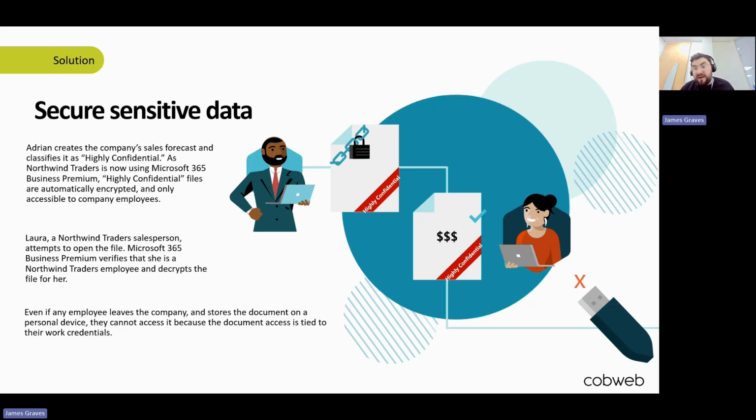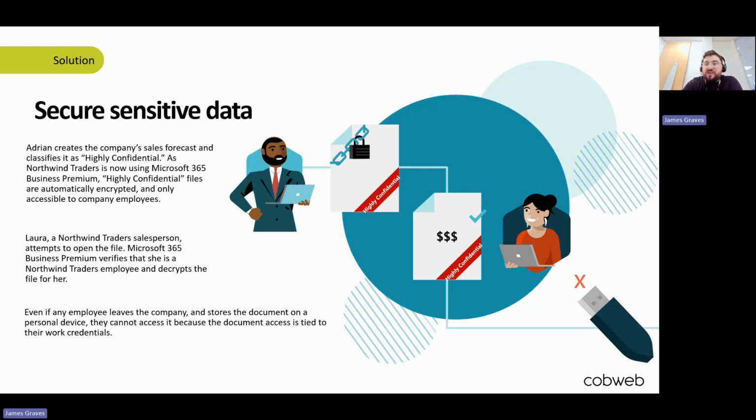So that document, as I said, just becomes completely useless. It's heavily encrypted and can no longer be accessed by anybody outside of the Northwind Traders corporate framework. So the document is secure even though it's left the business, even though it's on a USB stick, even though it's been put on somebody's personal laptop. Again, the document is completely secure and protected and cannot be opened.